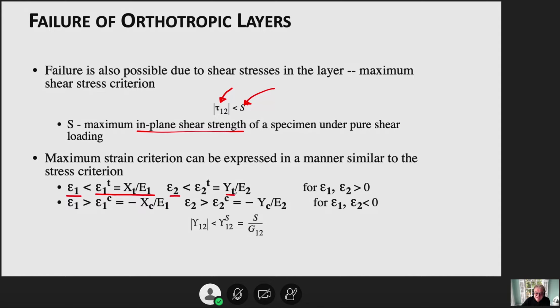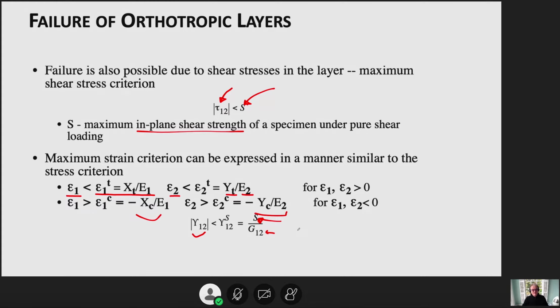That is the matrix tensile failure strength divided by E2, which is the second direction modulus. And similarly for the compressive case with the minus sign in front of it. And in the shear case, the shear strain limit is the shear strength allowable divided by G12. All right, so that's the max stress and max strain for orthotropic material.